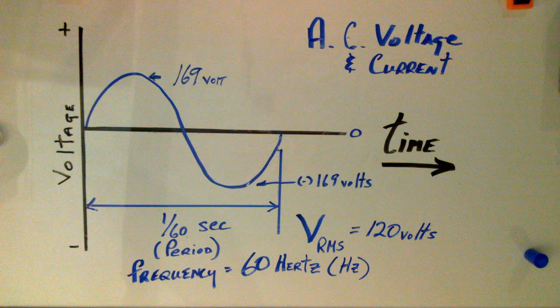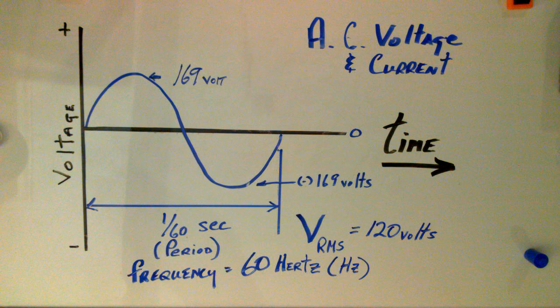So this is where we're going to start: we have an AC waveform for an RMS voltage of 120 volts. The peak values of this sinusoid are 169 and negative 169 volts. The frequency is 60 hertz. Right above the frequency, I mentioned the period. The period of this sine wave is 1/60th of a second.